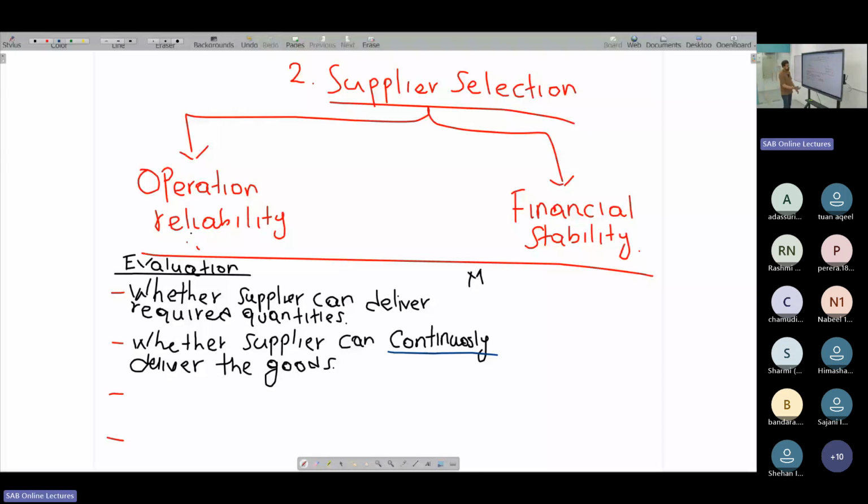Third one, whether he can deliver quality products, quality items.